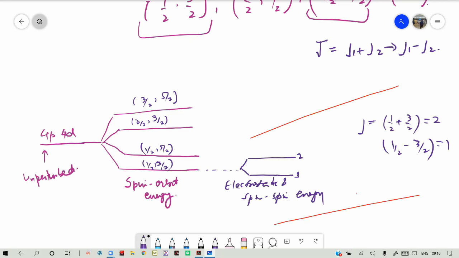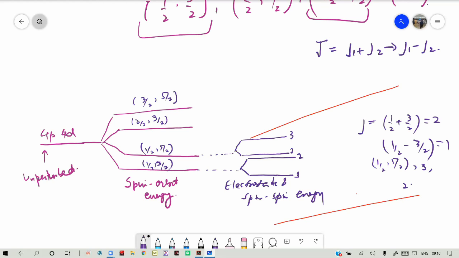J values. Similarly, for this level, we have 1 by 2, 5 by 2. This is 3 and 2. So 2 is here.